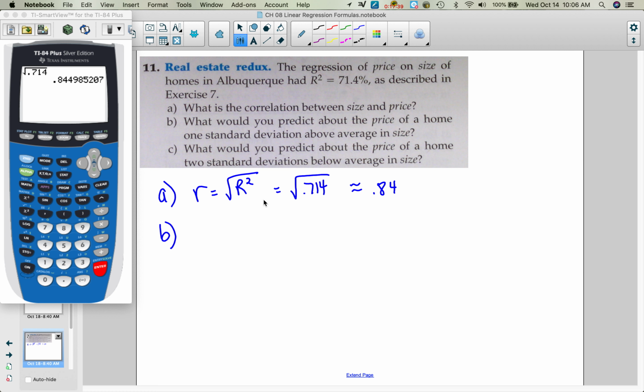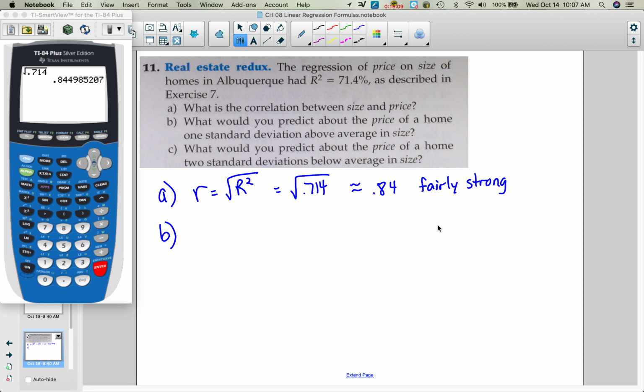Part B. Now we can talk about how strong that is. Okay, this is fairly strong. Notice again, I still say things like, I wouldn't say very strong, like if it was 0.98 or something, but it's fairly strong. What would you predict about the price of a home, one standard deviation above average in size?